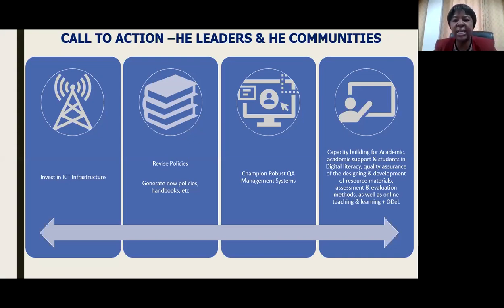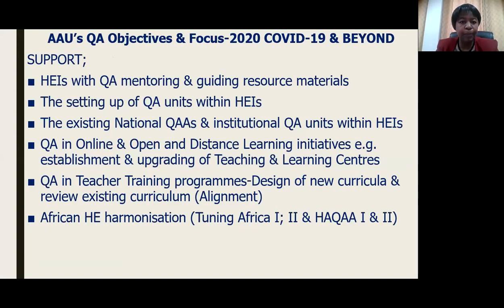Call to action, the leaders and higher education community. But before that, I just want to say in AAU, our quality assurance objectives are looking at supporting higher education institutions with quality assurance mentoring and guiding resource materials, the setting up of quality assurance units, and robust quality management systems.